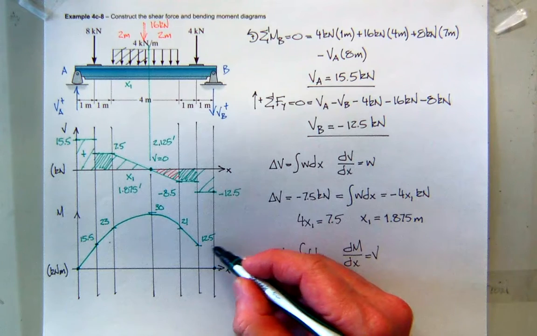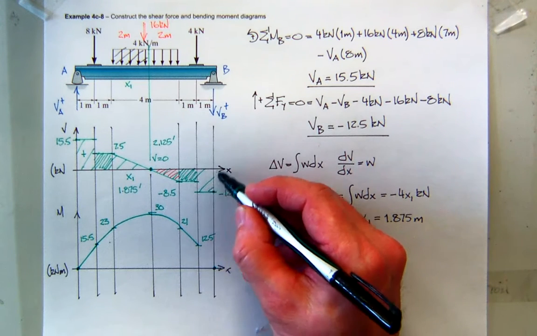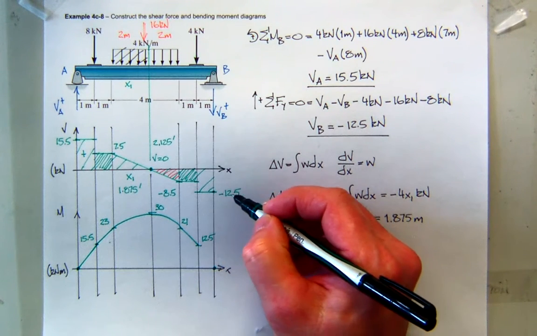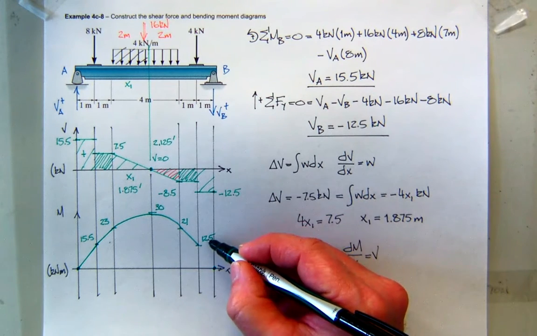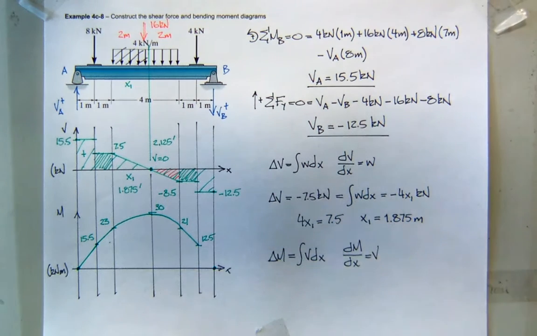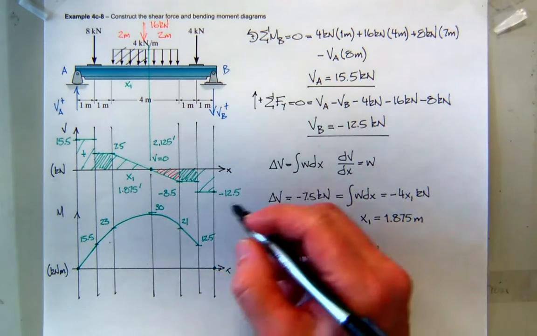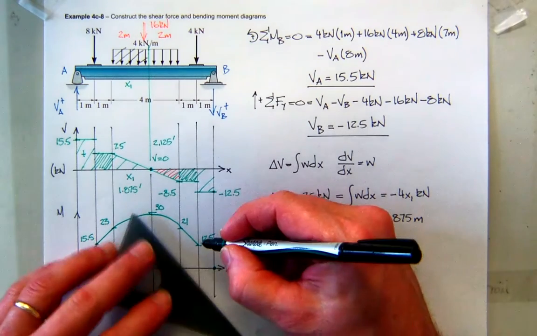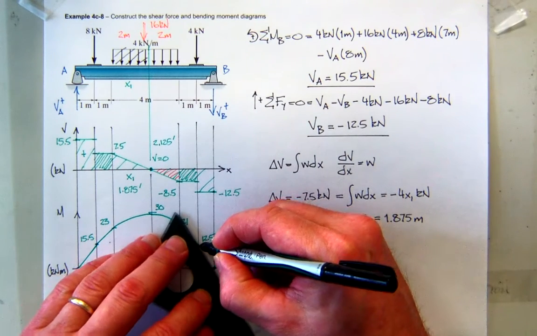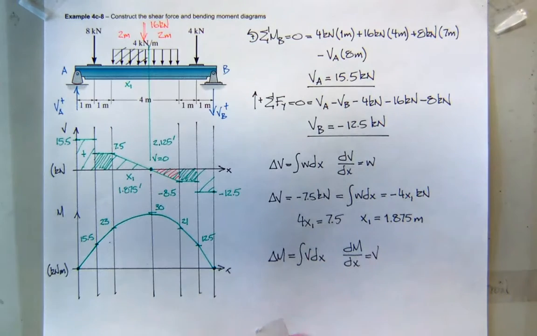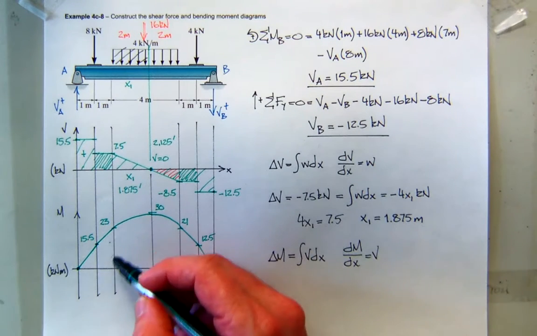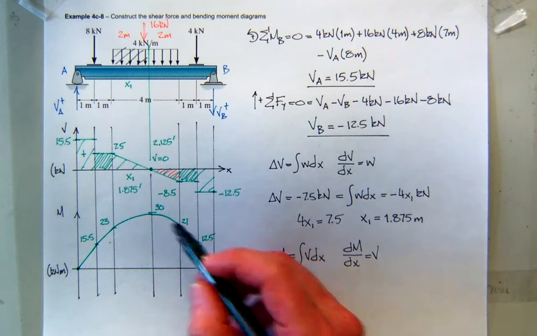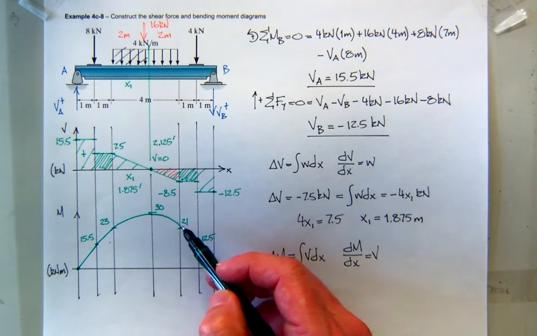And then the final meter, it's this area, which is 1 meter times negative 12.5. 12.5 minus 12.5 gets us back to 0. The slope is equal to the shear, and again, the shear is constant and negative. I didn't do a very good job of drawing it, but all of these little straight segments have different slopes, and this is a parabolic section in the middle.